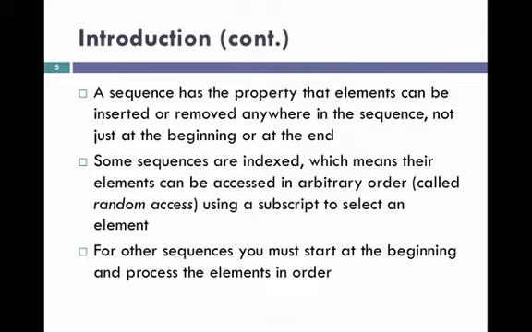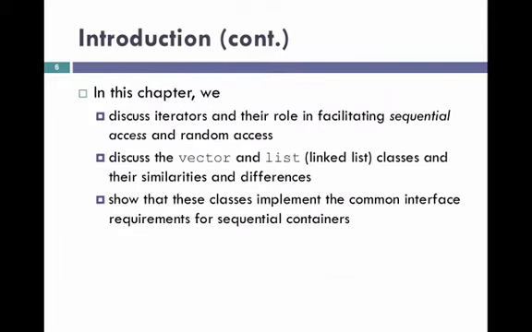And for other sequences, you have to start at the beginning and process the elements in order. In this chapter, we'll discuss iterators and their role in facilitating sequential access and random access. We'll discuss vector and list classes, how they're the same and different. And we'll show how these classes implement common interface requirements for sequential containers.